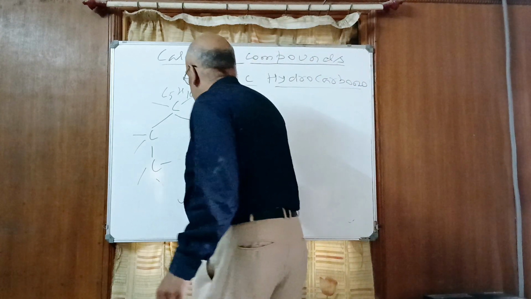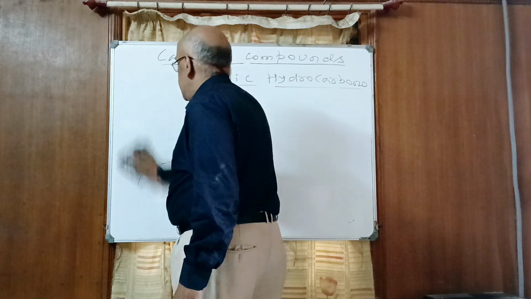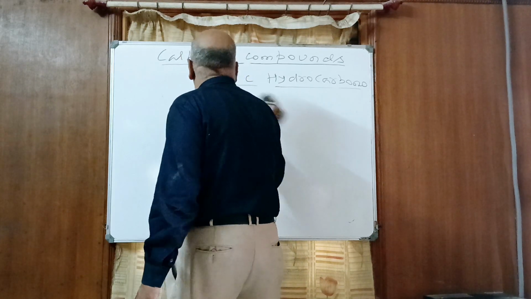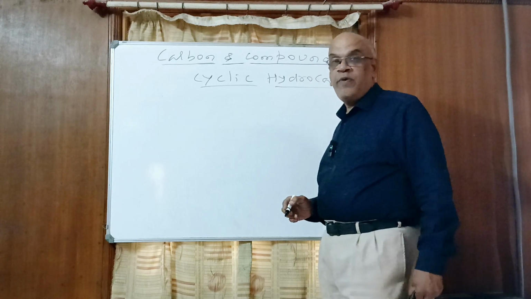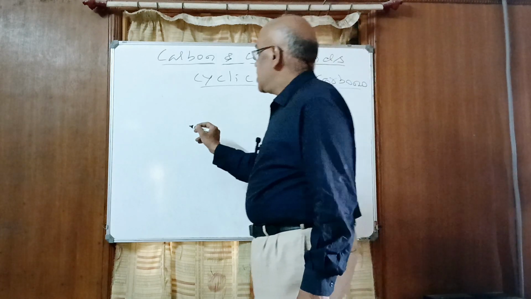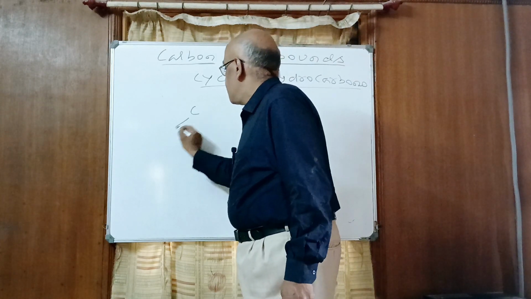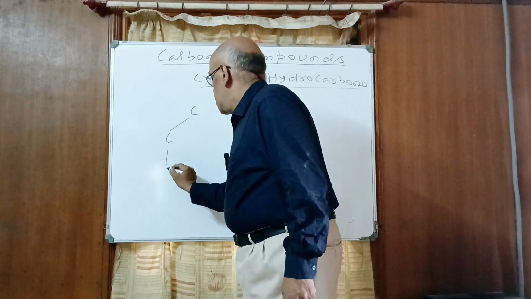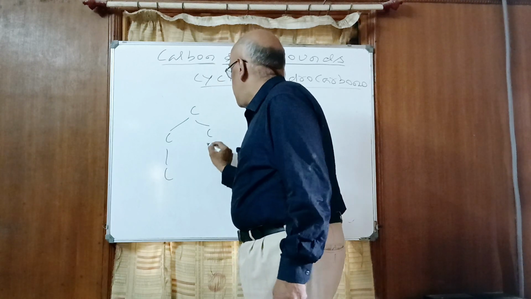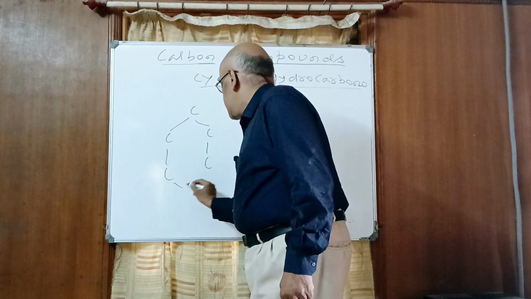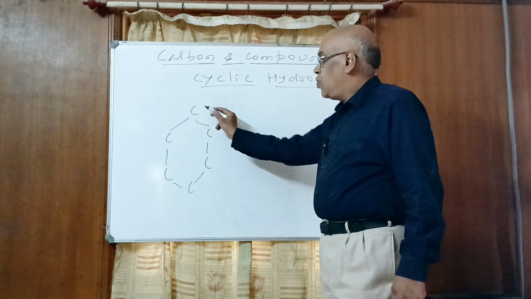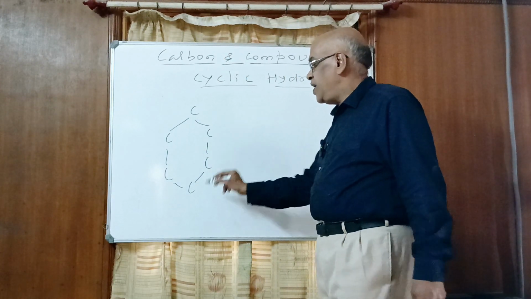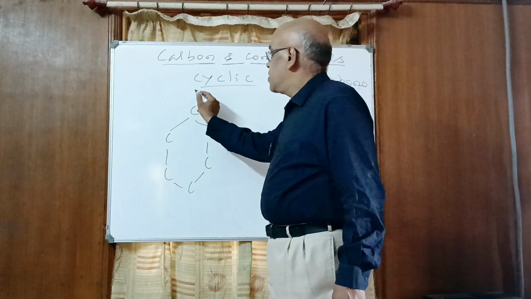Now come to the important one. They may ask you to name this hydrocarbon in your preparatory exam. What is the next one? How many carbon atoms are there, children? 1, 2, 3, 4, 5, 6. 6.